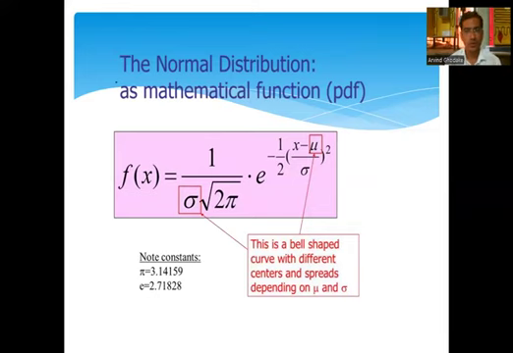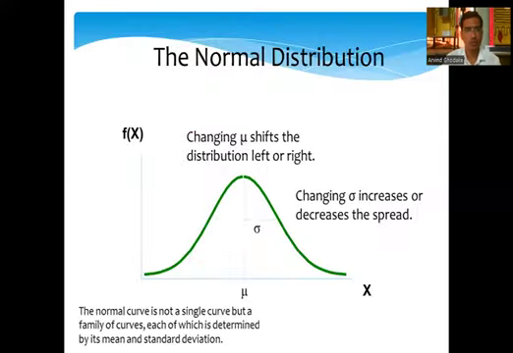This is a bell-shaped curve with a different center and spread depending on the mean value mu and the standard deviation sigma. The constants are pi, taken as 3.14159, and e, taken as 2.71828. These are the constants for the normal distribution curve equation.